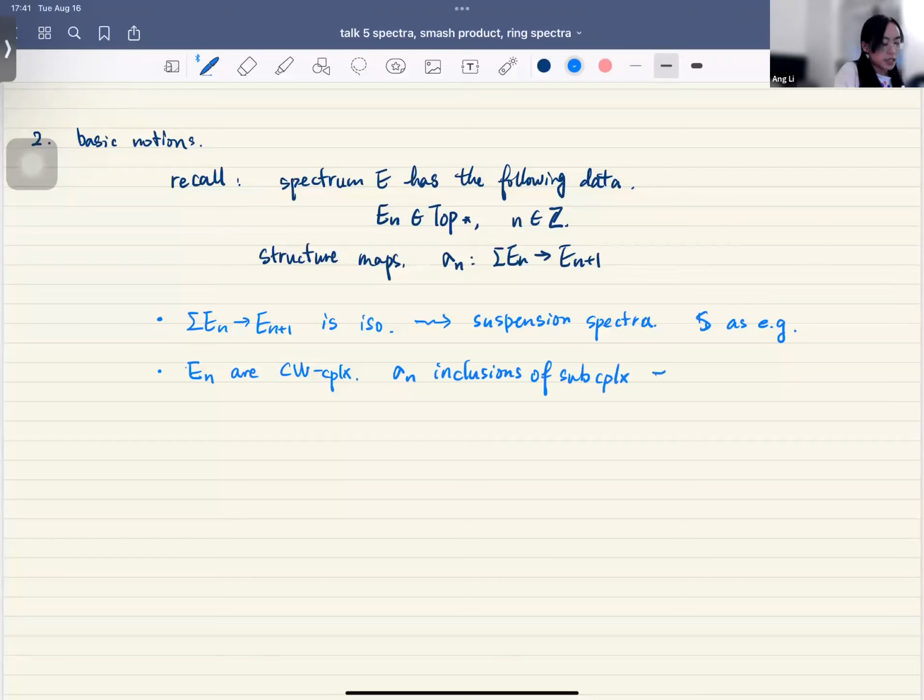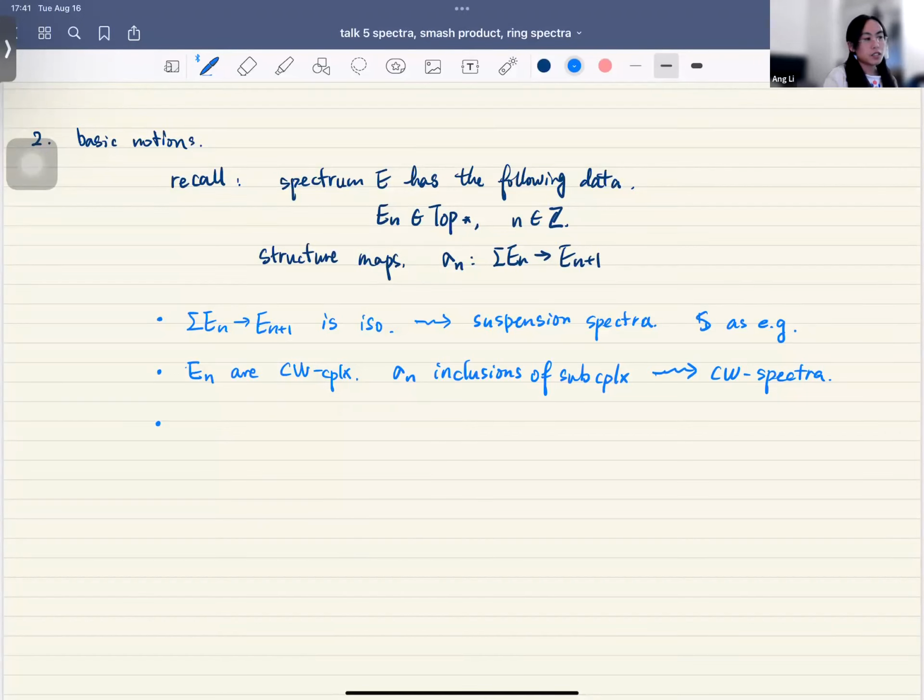And then you get the family of CW spectra. And then another thing that people often talk about is infinite loop spaces.